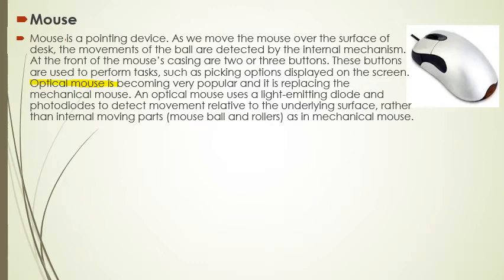All the mechanical mice are replaced by optical mice, and an optical mouse utilizes a light emitting diode, with a photodiode to detect the movement relative to the underlying surface rather than internal moving parts. It means there are no moving parts inside. In a mechanical mouse we have moving parts: the ball moves, the wheels move.